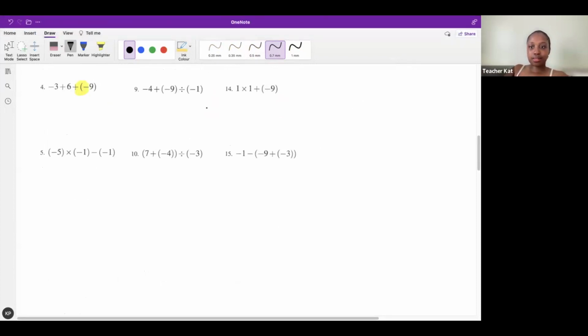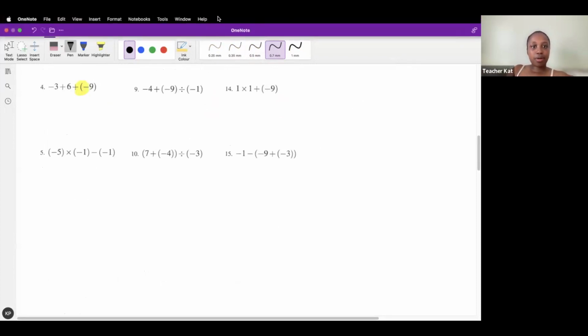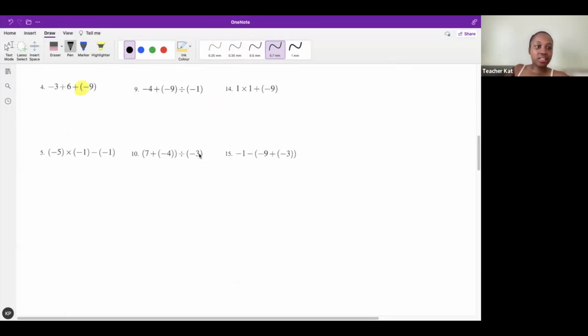A positive and a negative gives you a negative. So I'm going to rewrite everything else the way it is. It's -3 plus 6 minus 9. So how much is -3 plus 6?